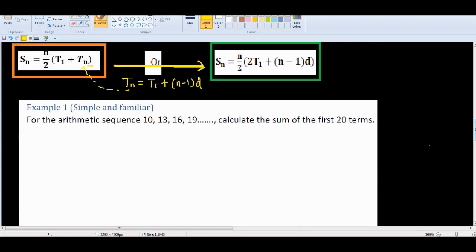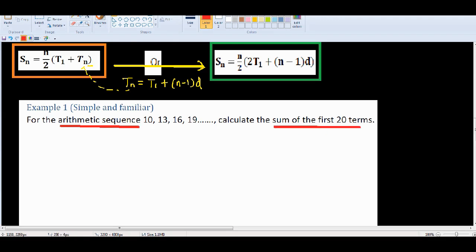It would be the most straightforward question. For the arithmetic sequence 10, 13, 16, 19, calculate the sum of the first 20 terms. First of all, it is an arithmetic sequence, quite obvious because every time you add 3.